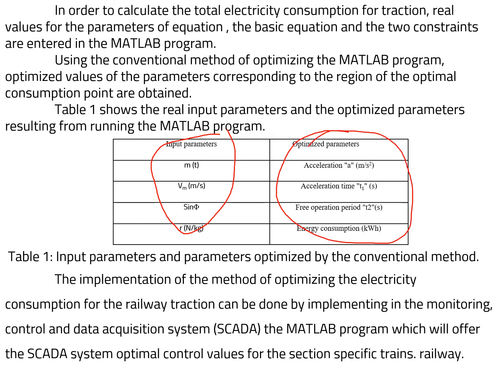The implementation of the method of optimizing the electricity consumption for the railway traction can be done by implementing the Monitoring, Control and Data Acquisition System, or SCADA, with the MATLAB program, which will offer the SCADA system optimal control values for the section, for the specific trains and section of the railway.